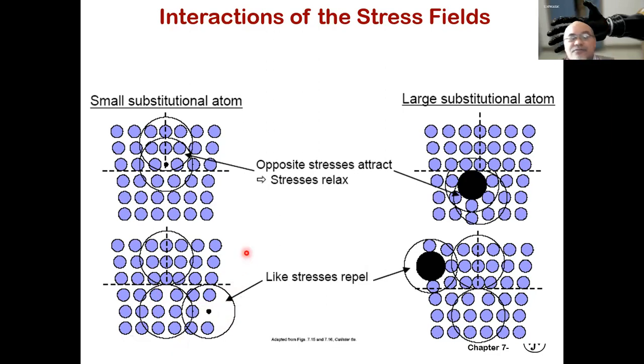Yeah, so it will move this towards a more stable condition. Or you can also introduce the larger substitutional atom in the upper part, but away from where the dislocation occurred. So this will create compressive. This is compressive. It will repel the compressive part of this part and then make it more stable also.